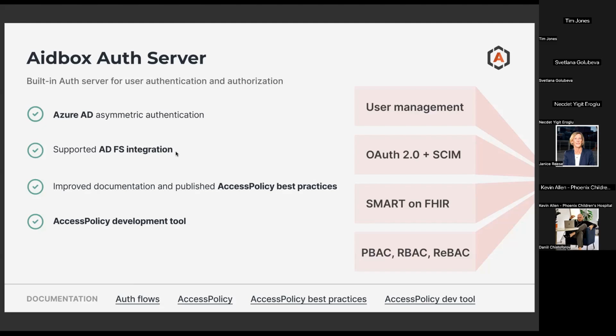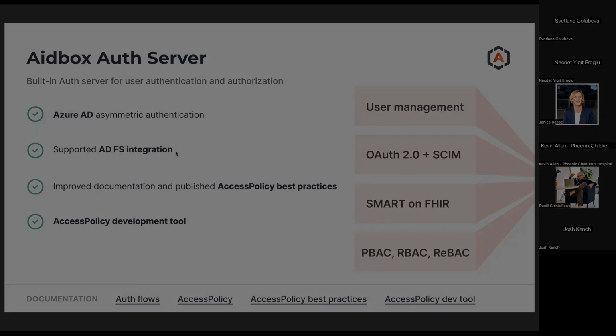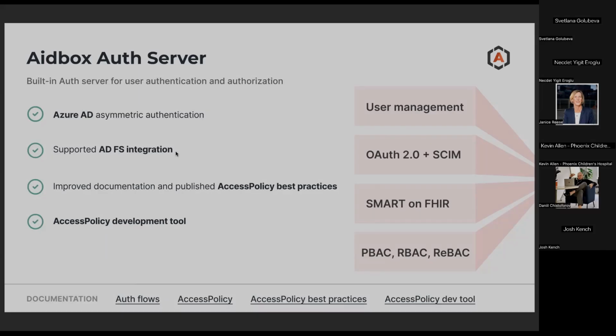It's a UI tab in Aidbox UI that allows you to build access policy much safer by evaluating and understanding what exactly these access policies do, and to manage these access policies during their lifetime to ensure that they are working as expected. All in all, Aidbox Auth server is a full-blown component of Aidbox that allows to work with user and group management.